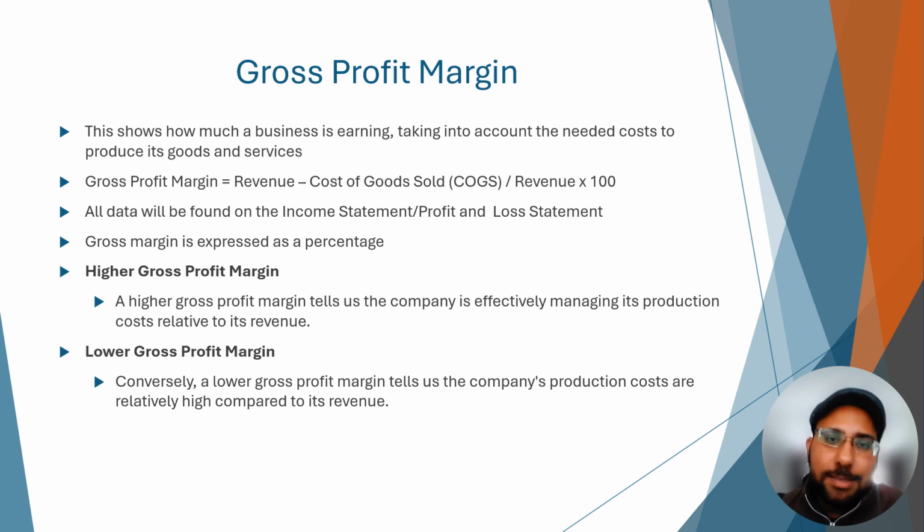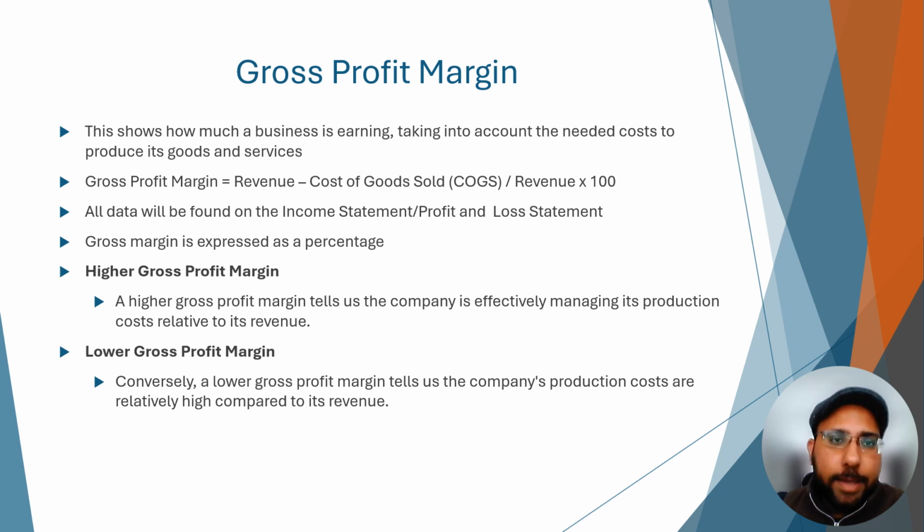Remember, this figure doesn't include interest, taxes, depreciation, admin costs, none of that. It is literally the revenue, take away cost of goods sold, divide that by revenue once again, multiplied by 100. It is a percentage based figure. All this information is found on the top line of your income statement.